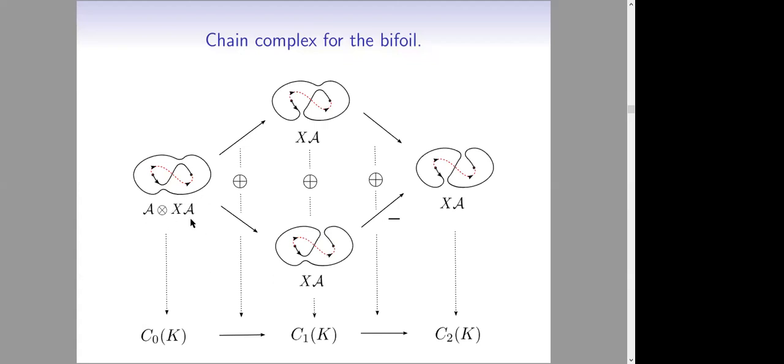By the way, x alpha is a one-dimensional vector space because x times x is 0. So our space is generated by these two generators. If you multiply by x, what you get is a one-dimensional vector space generated by x. So this is one-dimensional, and these are two-dimensional Q vector spaces.